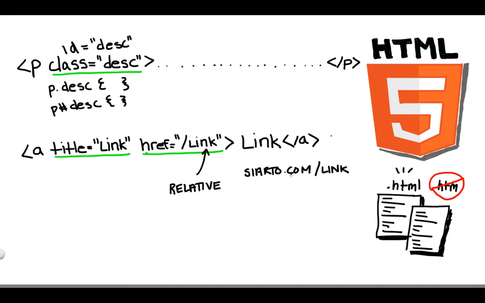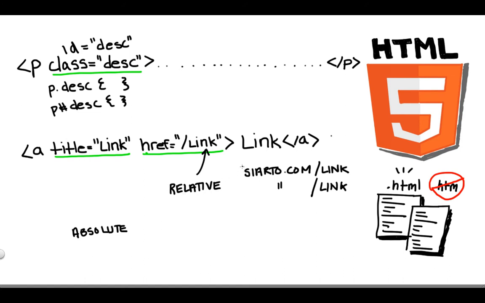Now, okay, so we were rudely interrupted there. So I was talking about relative and absolute links, and this is a relative link. And as you can see, where the final link ends up is determined by what site it's on. So if I were to move this link to another site on a different domain, it would be whatever that domain is /link. So now if I want to be specific about where the domain is going to, I need to create an absolute link. And an absolute link is just that. It tells me absolutely where I need to go to get to that link.